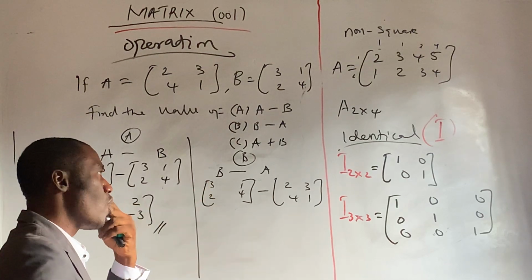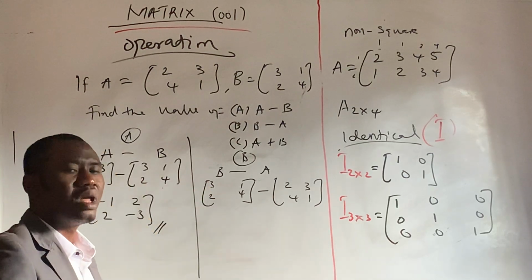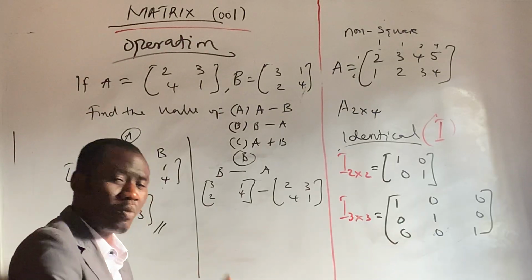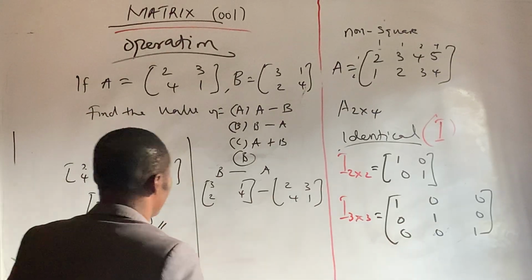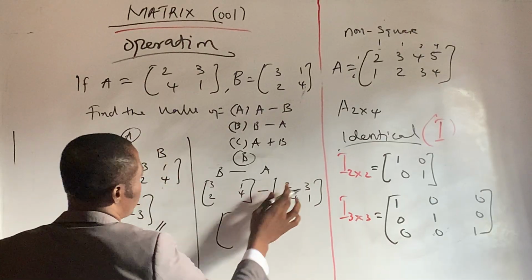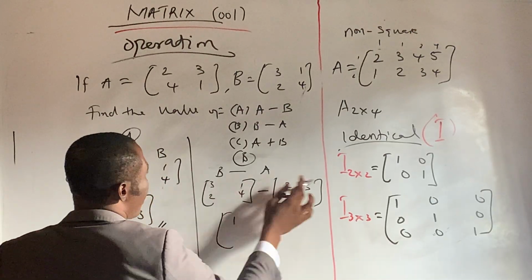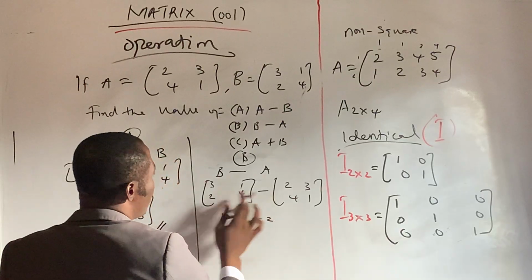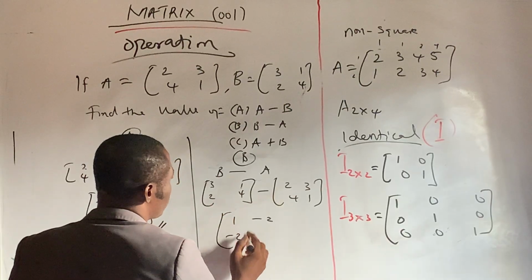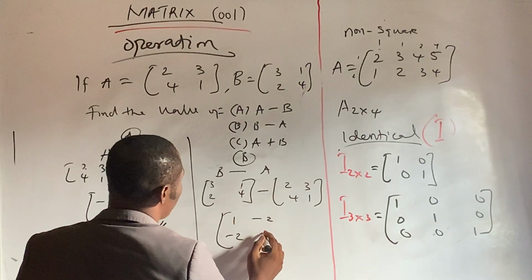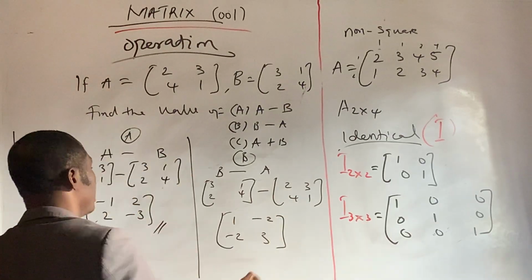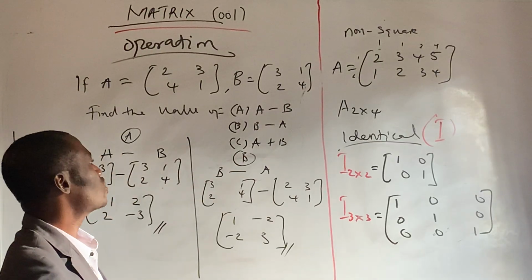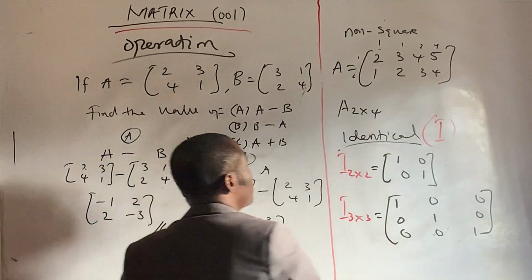Subtract the first row and first column from the first row and first column of the other matrix. Subtract column by column, row by row. 3 minus 2, that'll give me 1. 1 minus 3, that will give me minus 2. 2 minus 4, that will give me minus 2. 4 minus 1, that will give me 3. So this is the answer for B minus A. And let's go to the last one, A plus B.